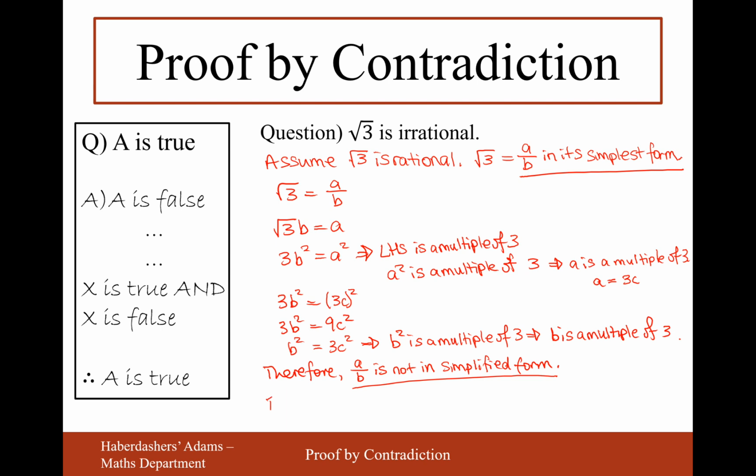So therefore root 3 is not rational, because if I assume that it is rational, then I've got myself to an absurdity. So root 3 is not rational, root 3 is irrational.